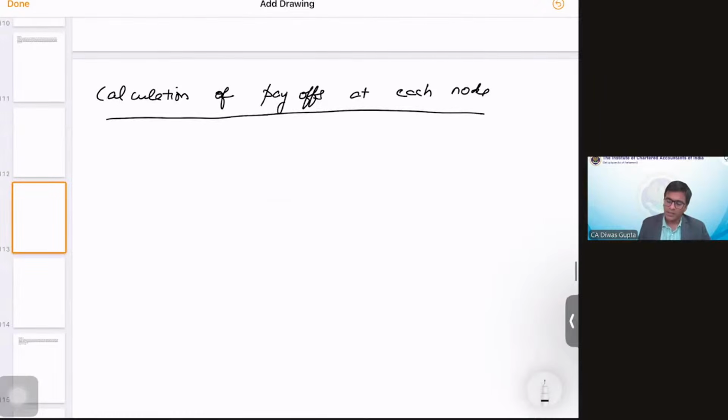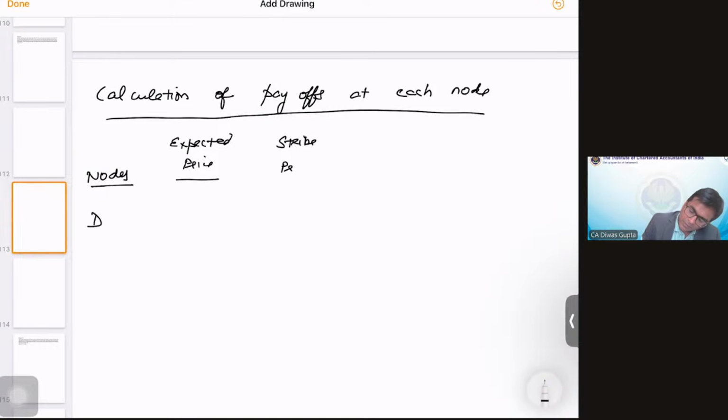Then let's calculate the values for the nodes that are towards the right. So node D, let's take first of all. Let's take the expected price that we have plotted there, the strike price of this option, value and remarks.